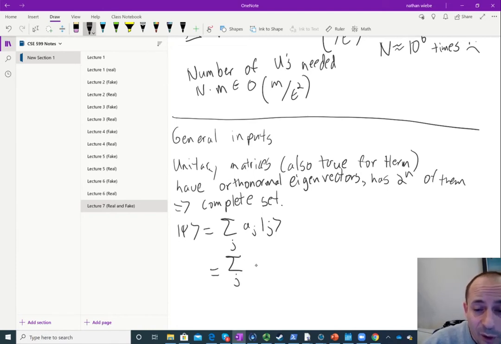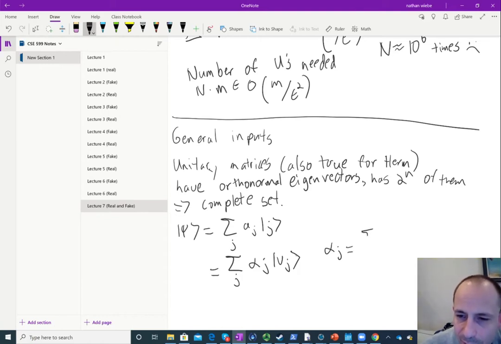And so we could also write this as sum over j, call it alpha j, |vj>, where here alpha j is just given by the inner products, essentially, between the two.